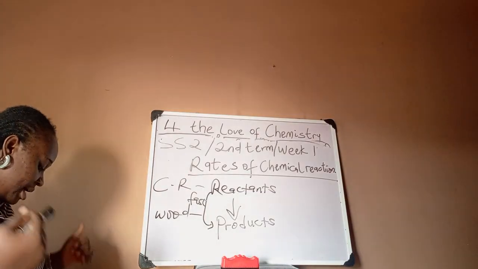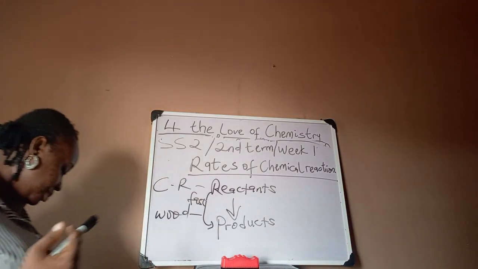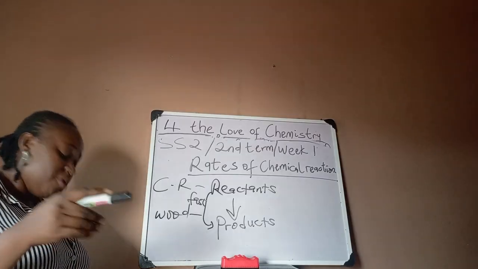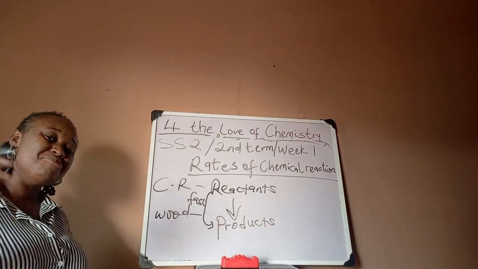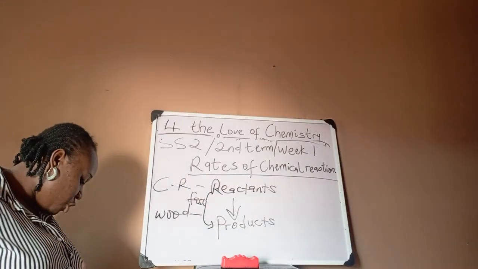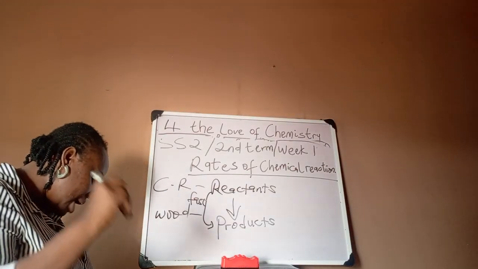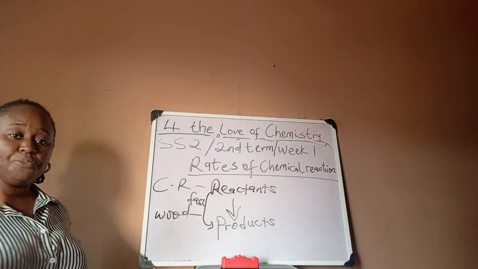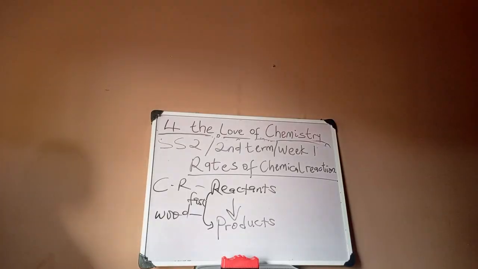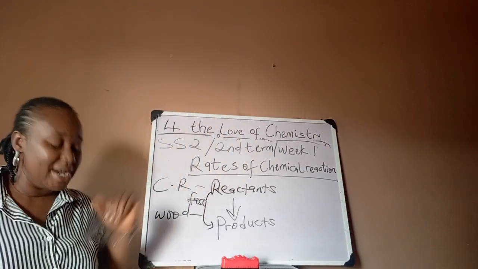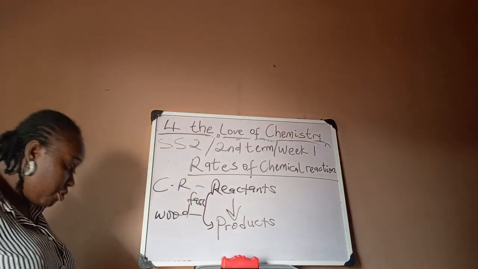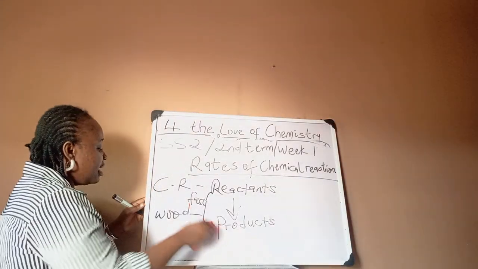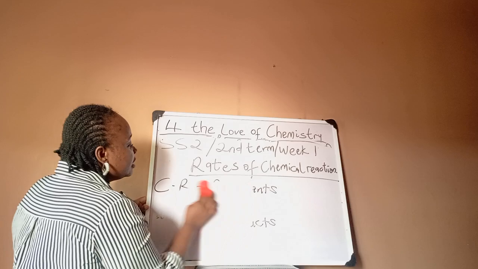And then, in the study of the rates of chemical reaction, we look at how the rates can be measured, and also the pathways in which the reactants are converted into products. So these are the things we look at when we are studying the rate of a chemical reaction. Rates of chemical reaction can be studied in many ways.